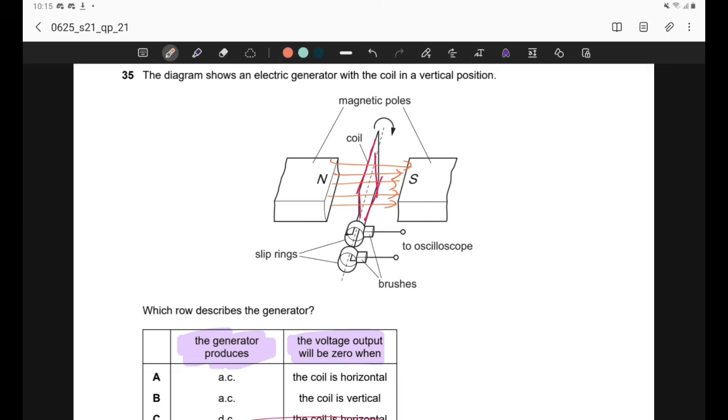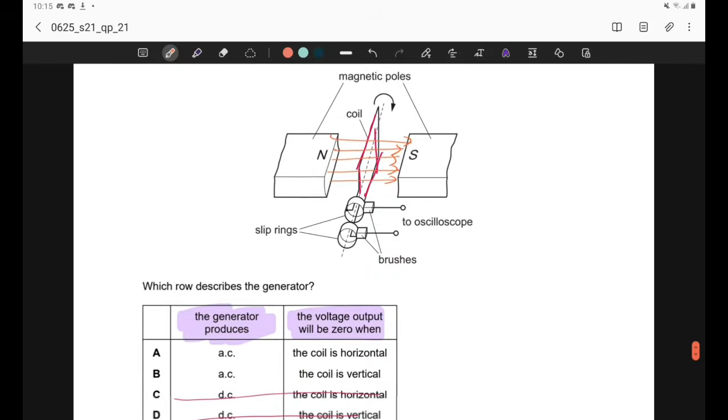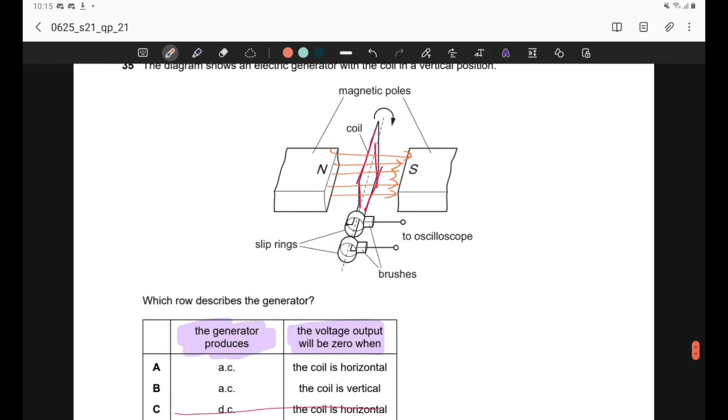But as you can see, in the position shown, like vertical, both the magnetic field lines and the coil at this particular point are moving parallel, so there is no cutting happening. So only at this particular position, for that moment, there is no cutting happening, and the voltage produced at this particular point will be 0 when the coil is positioned exactly as shown in the figure, when the coil is vertical.